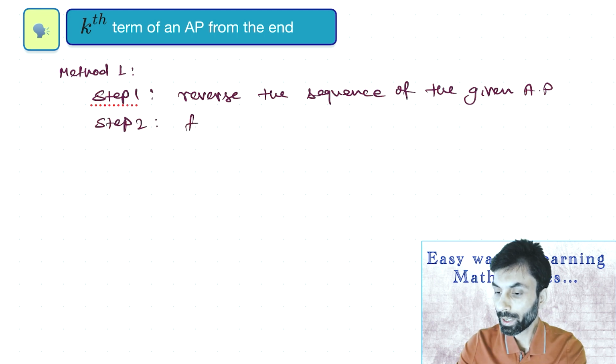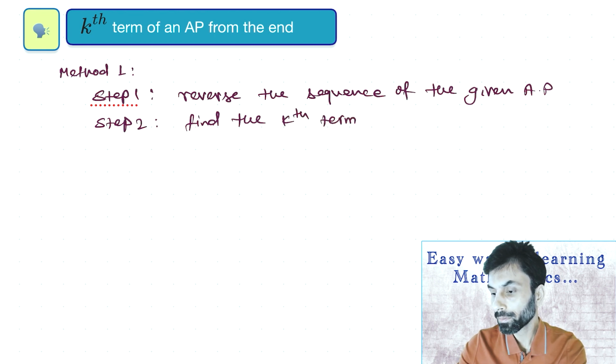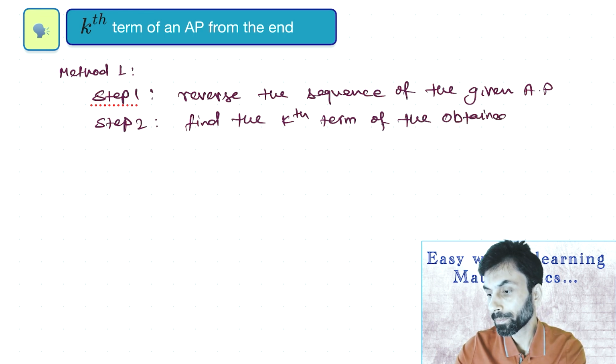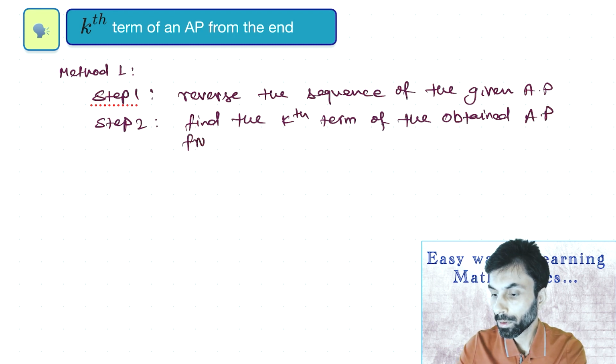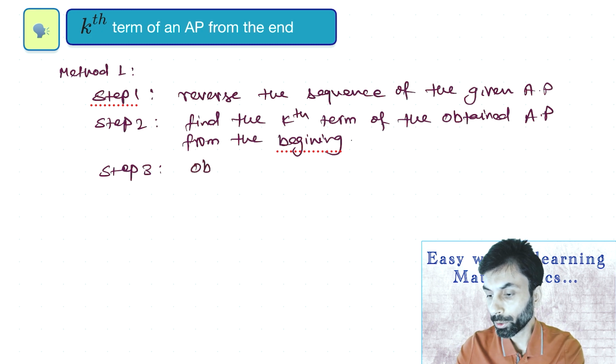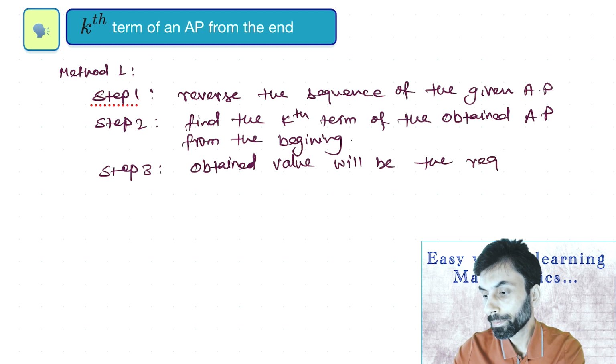Step 2, find the kth term of the obtained AP from the beginning, and in that case the obtained value will be the required value.